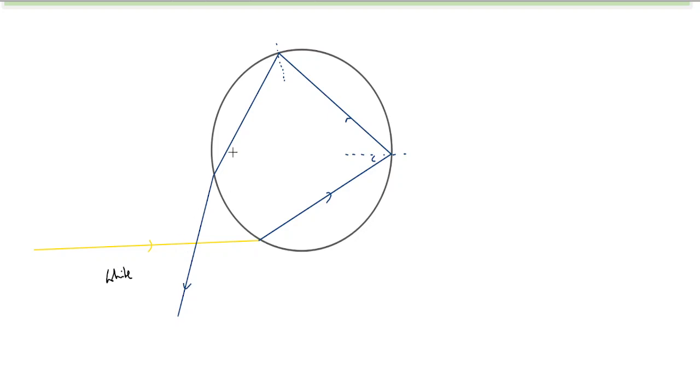Similarly, if we look at the other extreme color, which is red, light would fall like this, like this, and comes out like this.